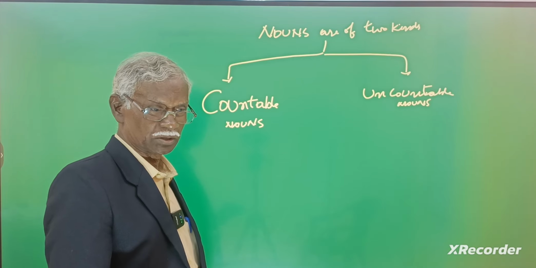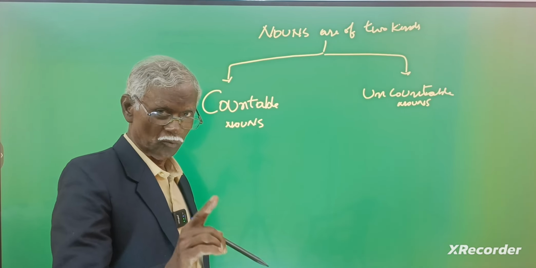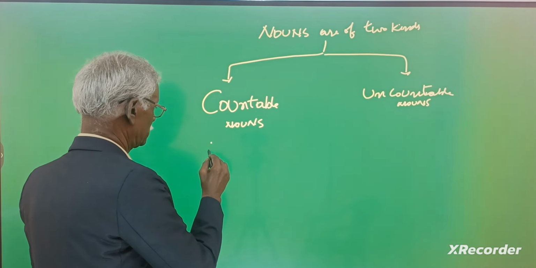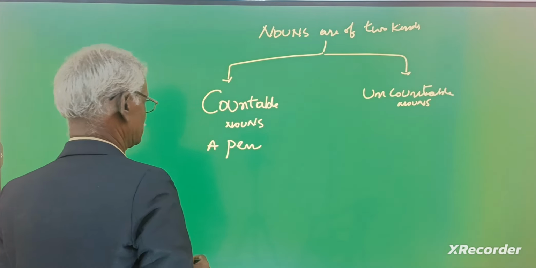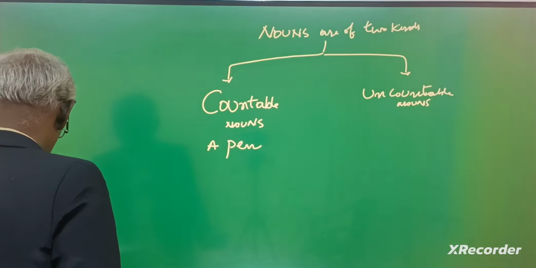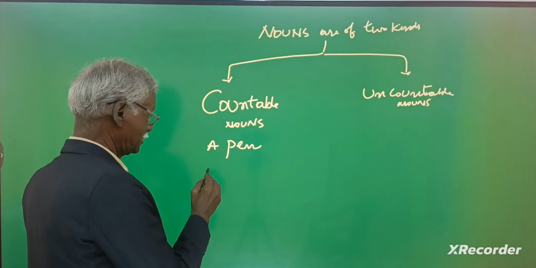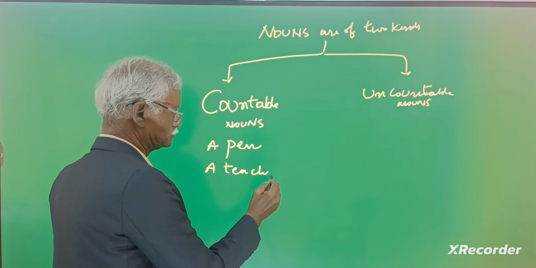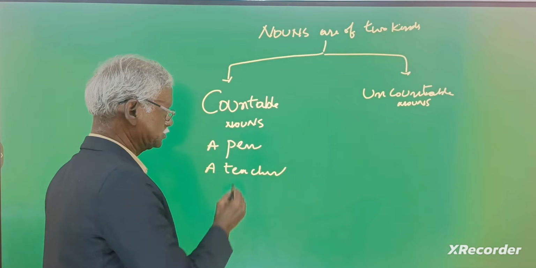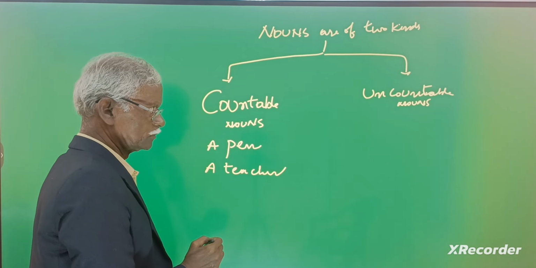How many pens? I saw only one pen. So, a pen. Like that. A pen. Next, a teacher. So, these are countable nouns.